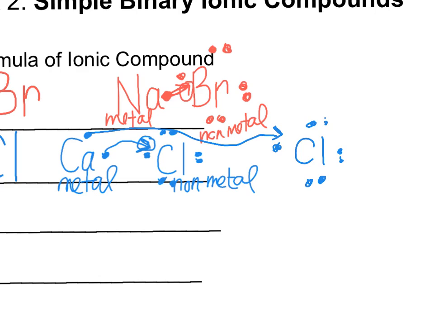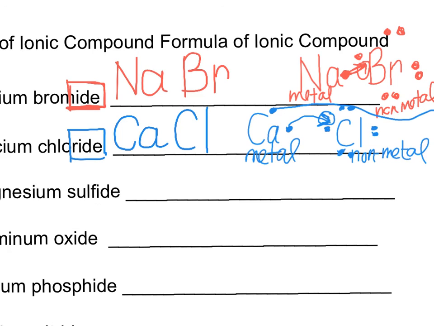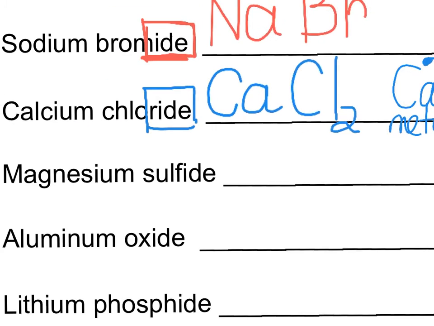Which means our formula is going to be CaCl2, because 2 electrons had gone to chlorine. Okay, let's keep moving along here.